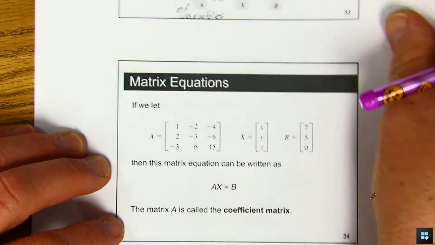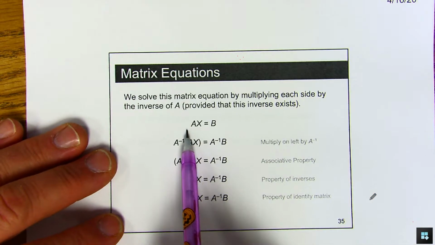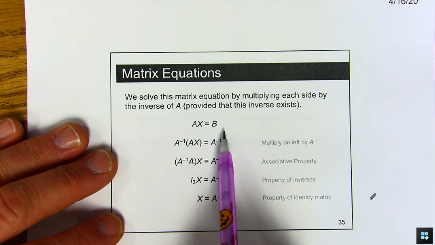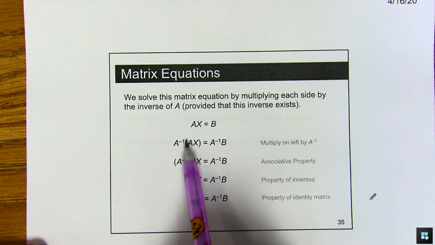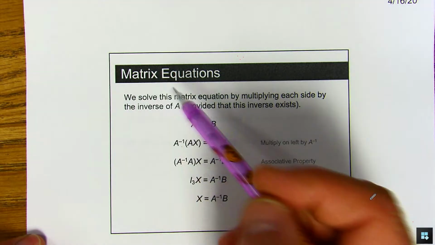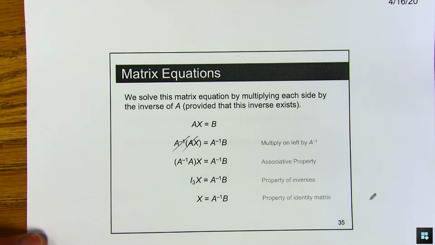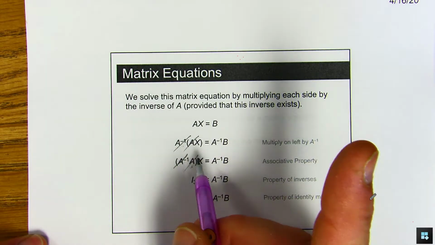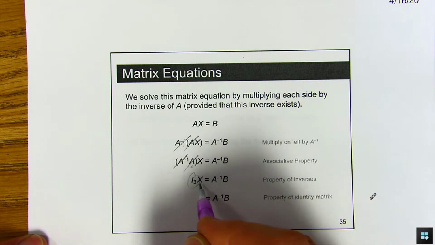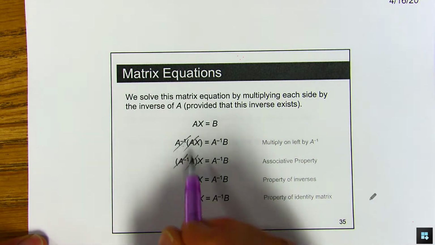Well, let's show you. If we have A times X equals B, we know that if we multiply by the inverse, these two will simplify. A inverse times A is the same thing as 1, or the identity matrix, which means I'm left with just X. Whatever I do to one side, I have to do to the other.